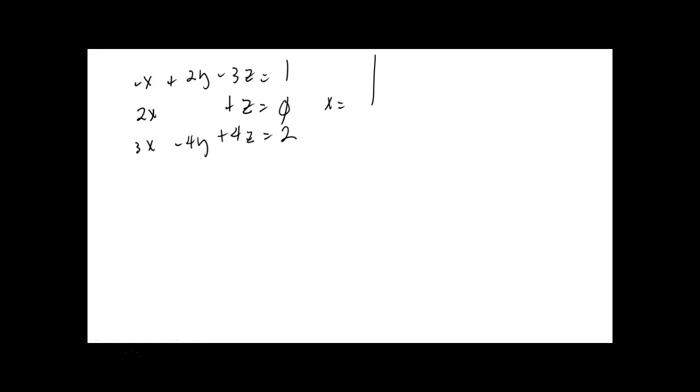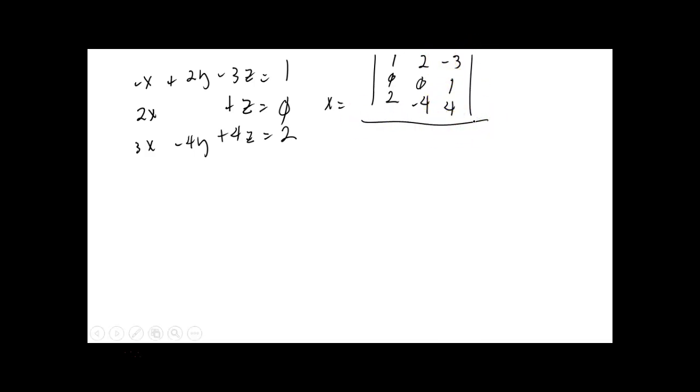Since we're solving for x, we put the constants in there: 1, 0, 2, and then write the other coefficients as the r: 2, 0, minus 4, and minus 3, 1, 4.